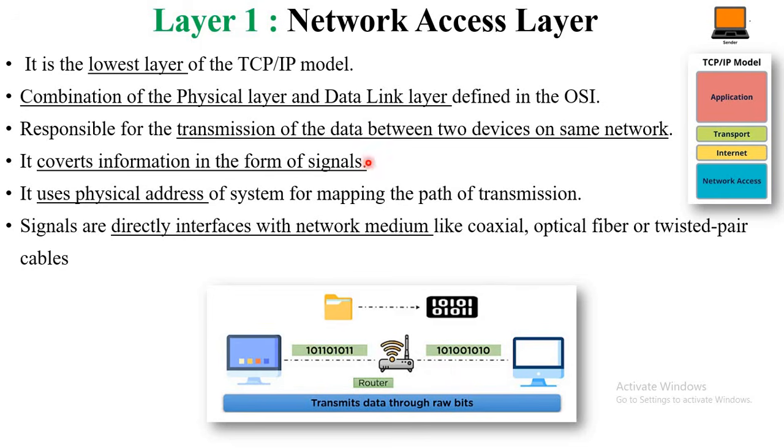So they transmit those signals in the form of light. Suppose it is a coaxial cable, so they transmit those signals bit by bit, right? So this is the work of the network access layer. According to the transmission media, they send these signals to the receiver. And at the end, this hi, how are you, message reaches the receiver through the cable. Clear? So this is called the TCP IP model.